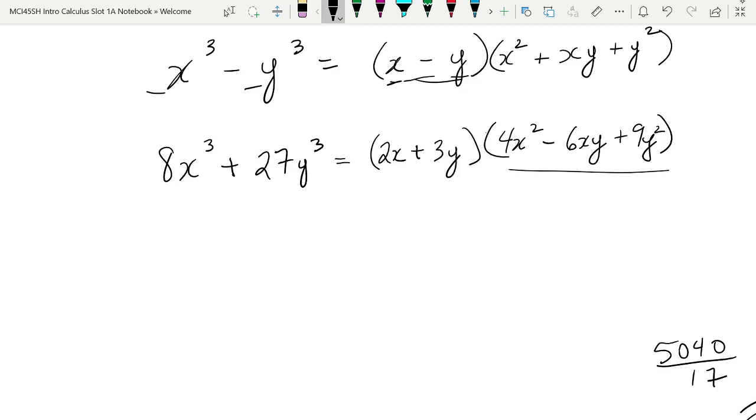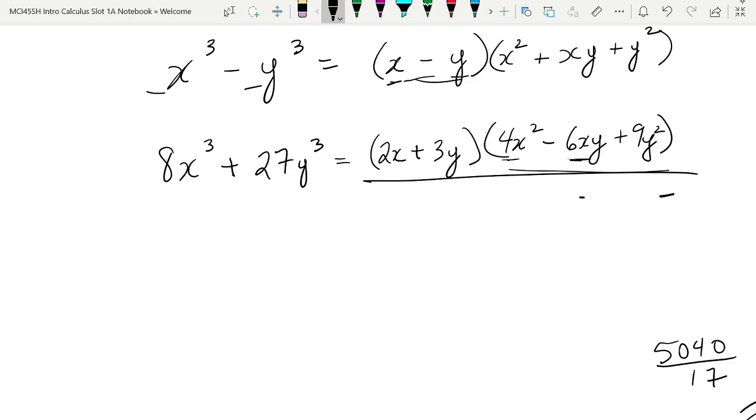If you don't believe it, feel free to multiply this out. You can kind of see it, because 2x times this number and 3y times that number are going to be terms that cancel. If you don't believe it, work it out and try it.